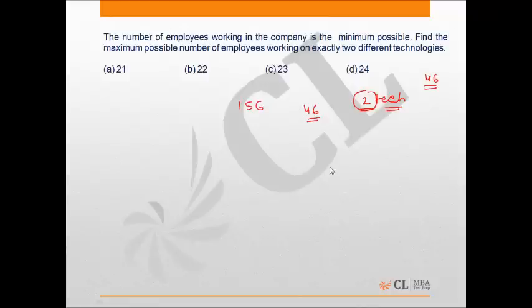So the maximum number of chocolates that can be given to the kids who receive exactly 5 chocolates is 16 into 5, as we computed in the previous question, which comes out to be 80.